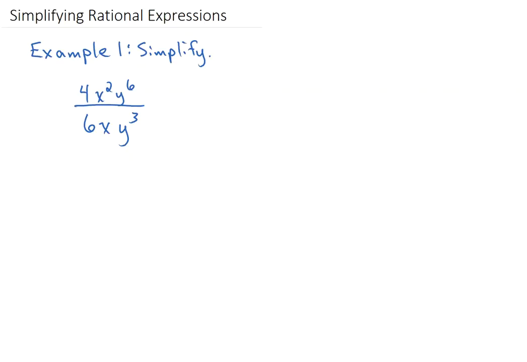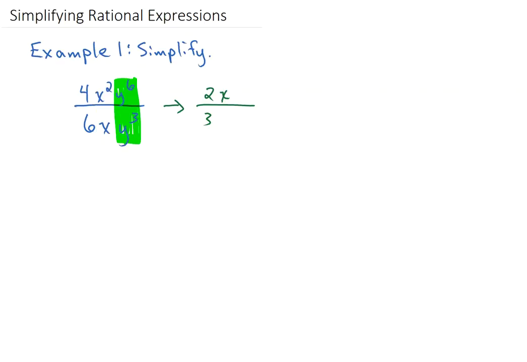So the 4 and the 6 will reduce like a normal fraction. Those both contain a 2, and so we'll divide that 2 out of them. So those will reduce to a 2 over 3. Now with the x's, we have 2 x's on top, we have 1 on bottom. One of the ones on top will cancel with the one on bottom, leaving us with 1x on top.